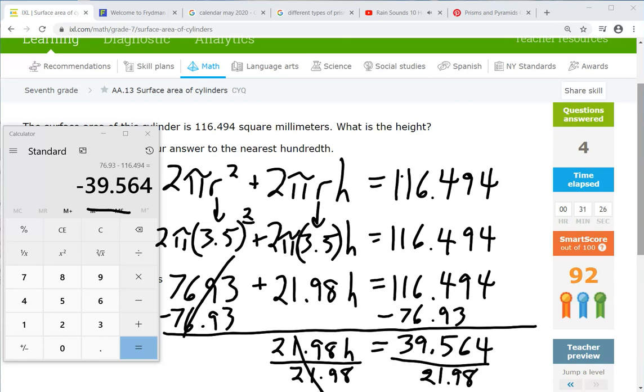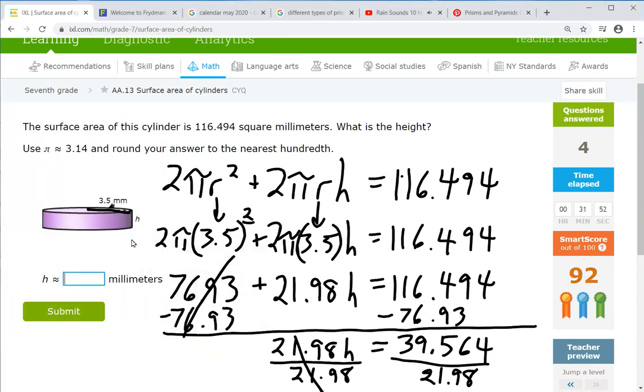Okay, so we get H equals, and I still have the negative here, so when I divide this by 21.98, it's going to give me a negative again, because a negative divided by a positive is negative. But again, I'm just going to ignore that, and I'm going to say 1.8 is the answer. Okay, so 1.8 is the height of that cylinder.